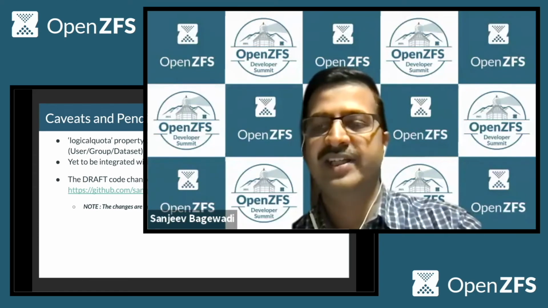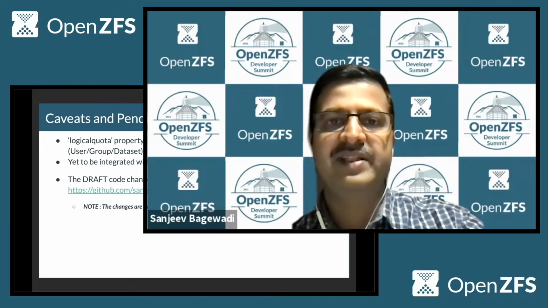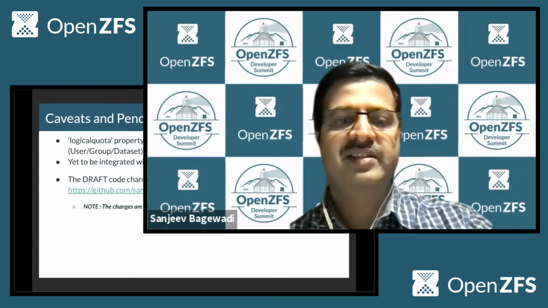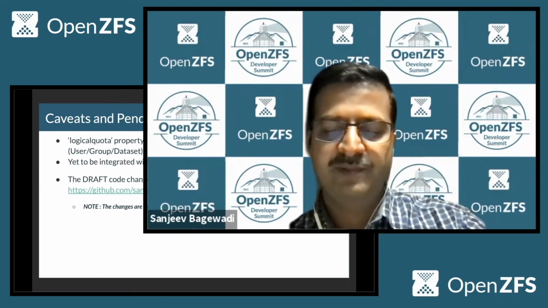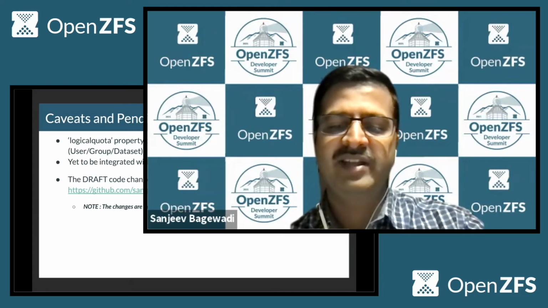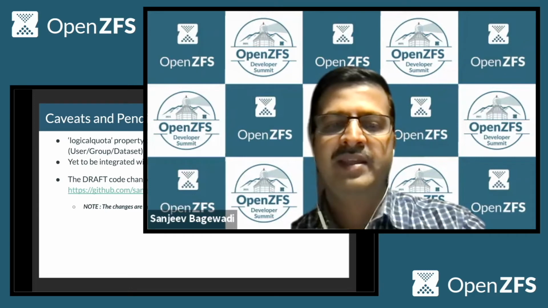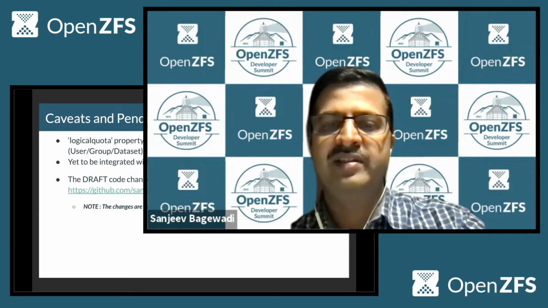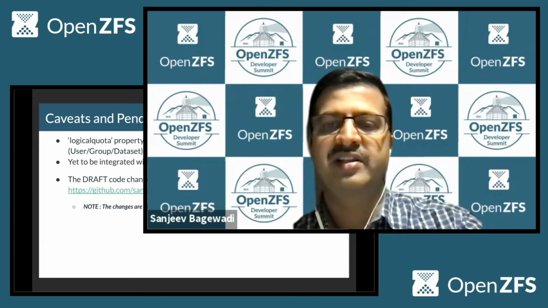Yeah, thanks for bringing that up, Matt, from the offline discussion. Yeah, I missed that one. But yes, it's definitely doable because the way I would look at it for the general consumption is that this brings in an additional field in the D node, and now you have pretty much all the control because your block pointers tell us what the logical size is. Now the D node also tells you what the logical size is. And at the same point, for every user and group, we can now keep track of the logical consumption.